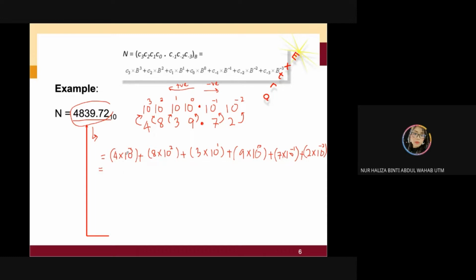Okay, so using your calculator now, 10 to the power of 3 gives 4 times 1000, isn't it? If I make a mistake, please inform me or correct me.